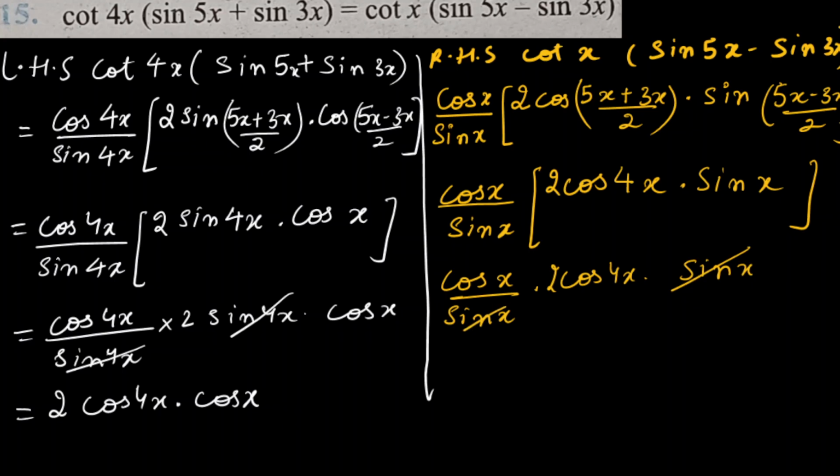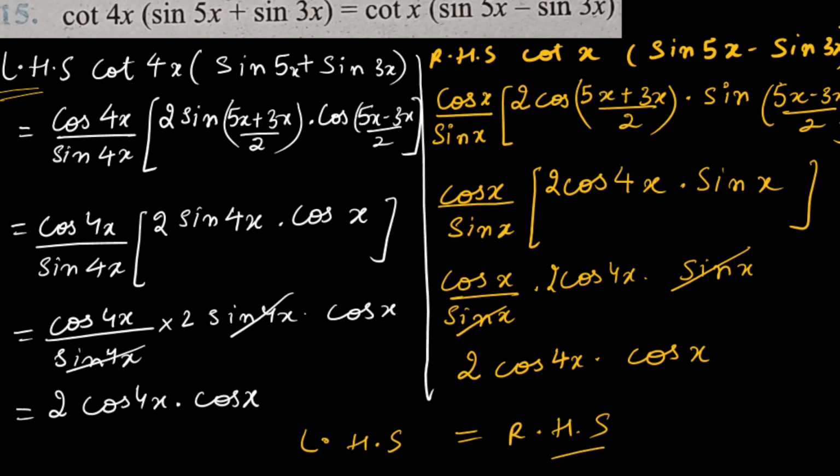Up and down we can cancel; sin x and sin x get cancelled. What I am left with is 2 cos 4x into cos x. If you see, we have gotten the same answer as after solving the left hand side. So left hand side is equal to right hand side. Hence proved. So here we have completed questions number 14 and 15 of exercise 3.3.